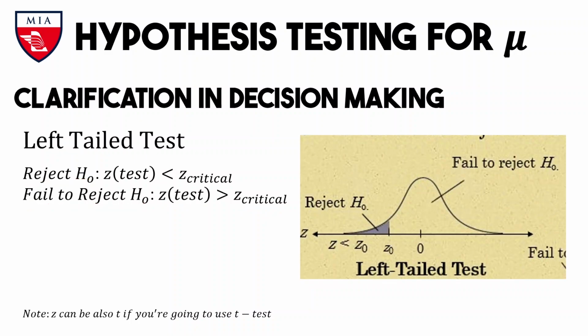On the other hand, we have the left-tailed test. We reject the null hypothesis if our z-test is less than z-critical. So how can we prove this?